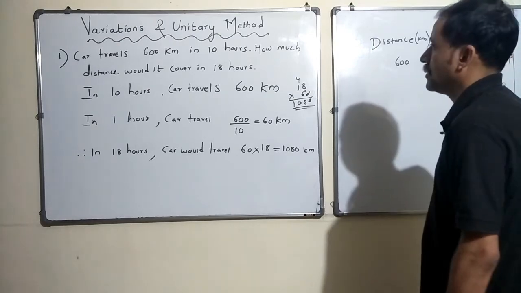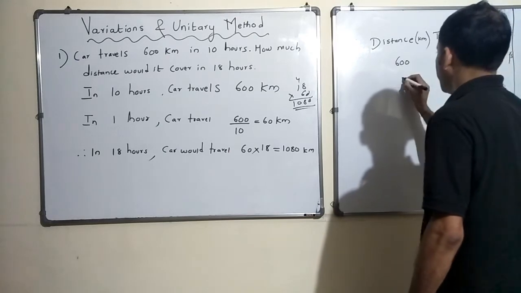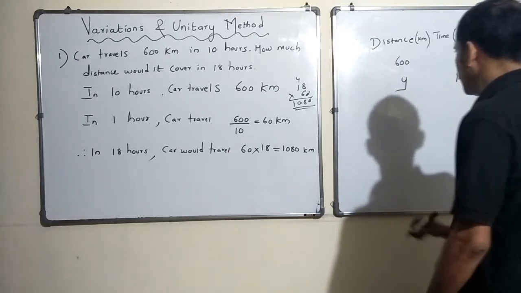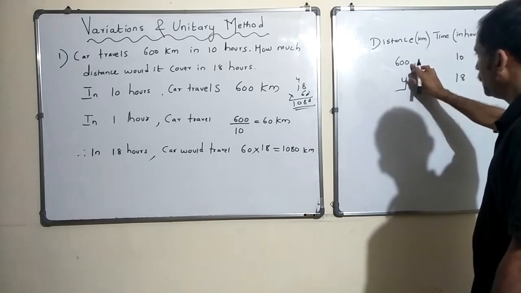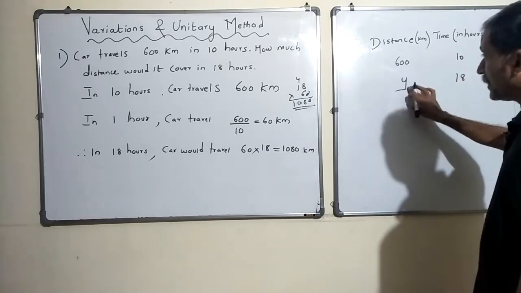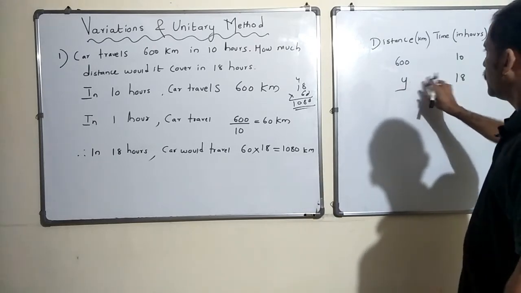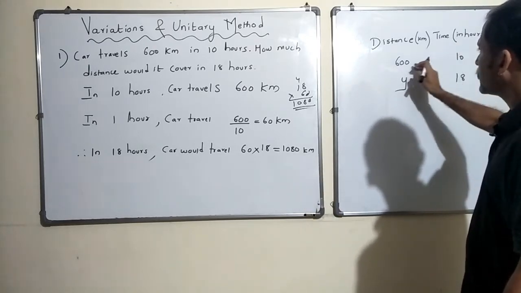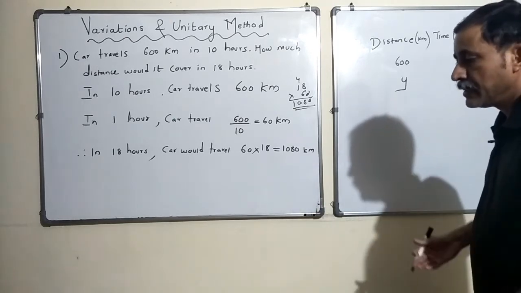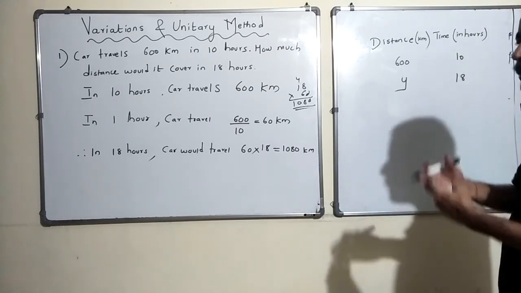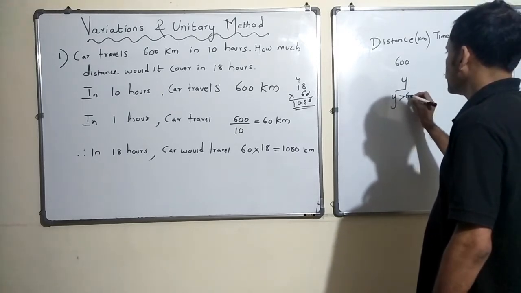How much would it cover in 18 hours? Let it be y. Now in 10 hours it covers 600 kilometers. So in 18 hours it would definitely cover more than 600. Same logic: if we are traveling 600 kilometers in 10 hours, then in 18 hours you would definitely have covered more than 600. So y is definitely greater than 600.